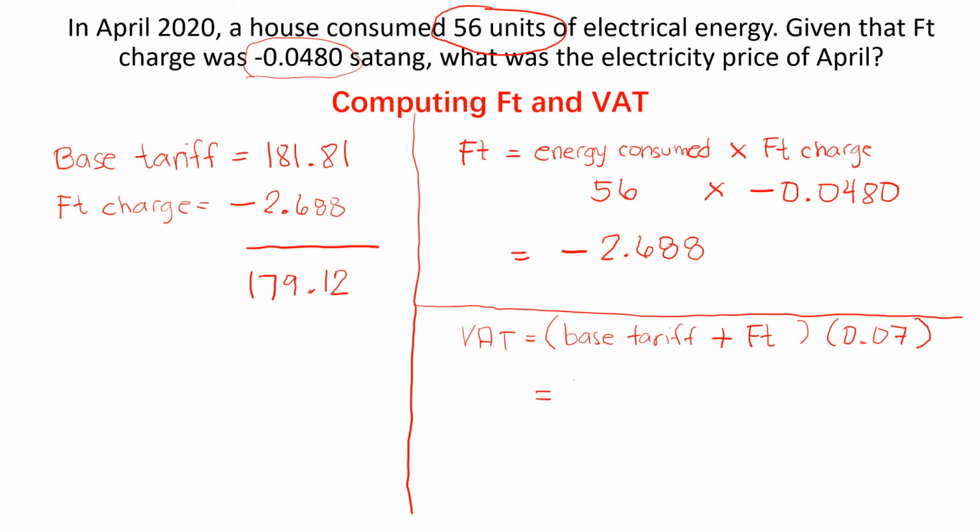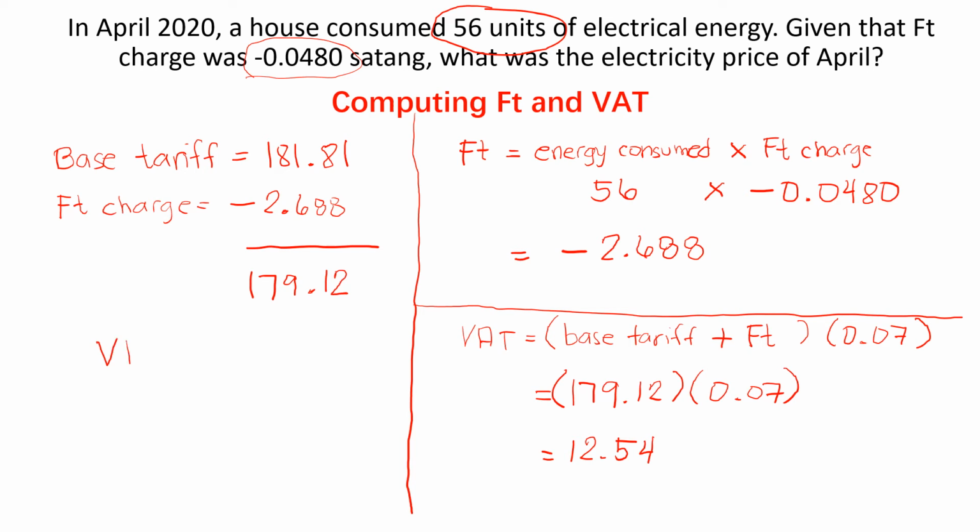So you will use that value and then multiply it by 0.07. So what you will get there, you can pause the video to get the answer. So you will have here a value of 12.5384, round it off to the nearest hundredth, so you will get 12.54.